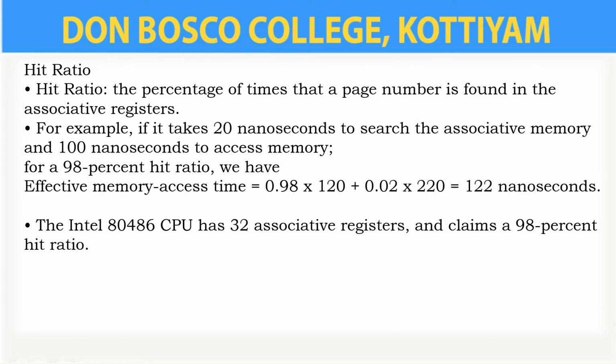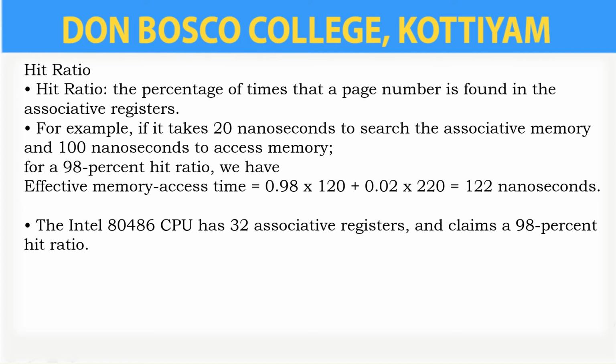We have talked about the TLB hit. A TLB hit means finding a match in the TLB or the associative registers. Hit ratio means the percentage of times that a page number is found in the associative registers or the TLB.